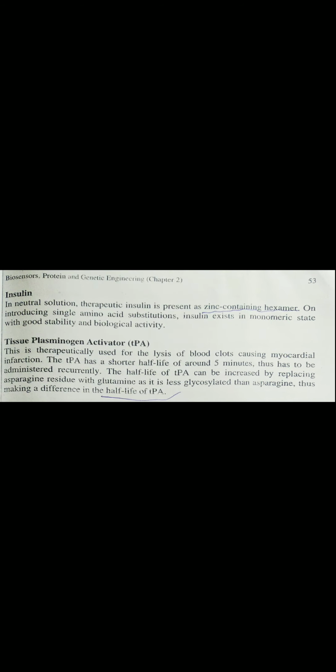So we are replacing this methionine with valine. This valine is similar to methionine, but the new enzyme obtained is used for the treatment of patients having a genetic deficiency of alpha 1 antitrypsin. So here we are replacing methionine with valine to improve the activity of alpha 1 antitrypsin. It is a single chain protein.